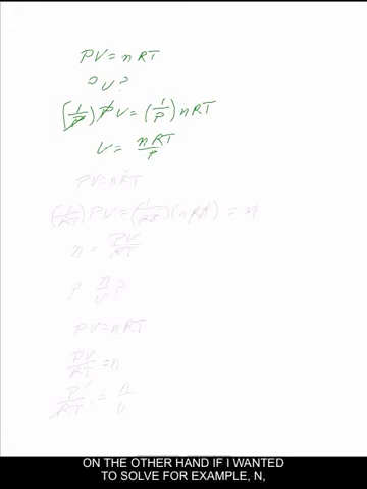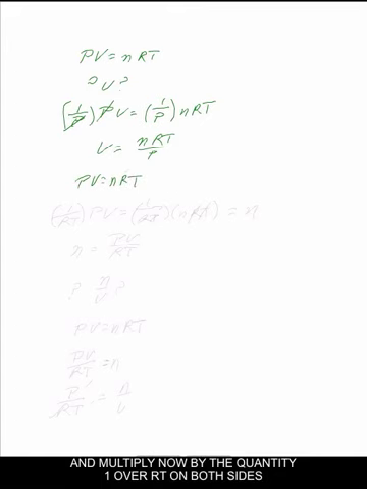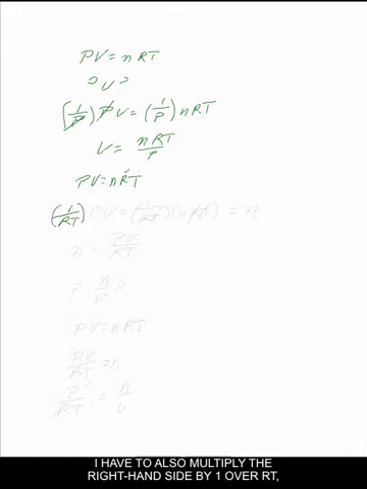On the other hand, if I wanted to solve for, for example, n, I can start with the same equation, PV equals nRT, and multiply now by the quantity 1 over RT on both sides, because I'm trying to get rid of the R and the T. So again, if I multiply the left-hand side by 1 over RT, I have to also multiply the right-hand side by 1 over RT.